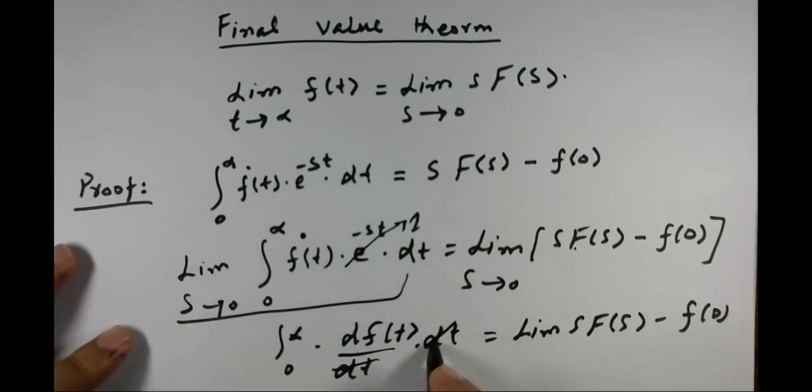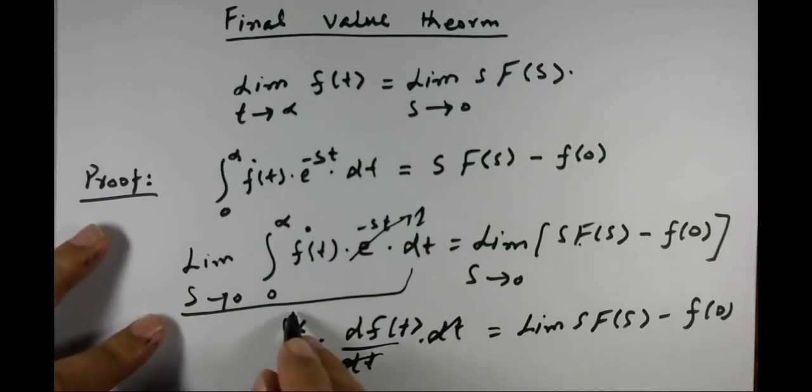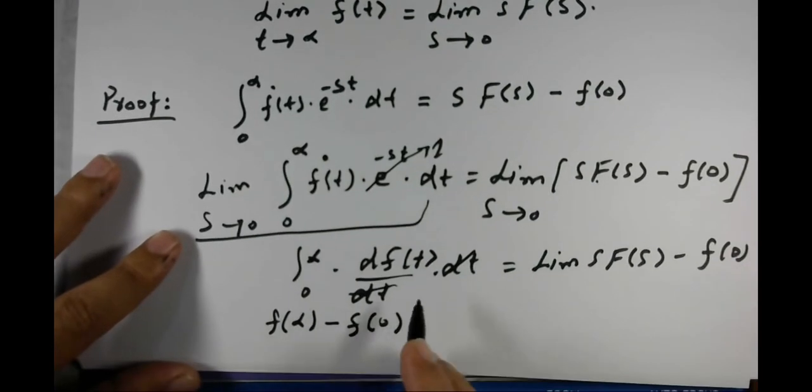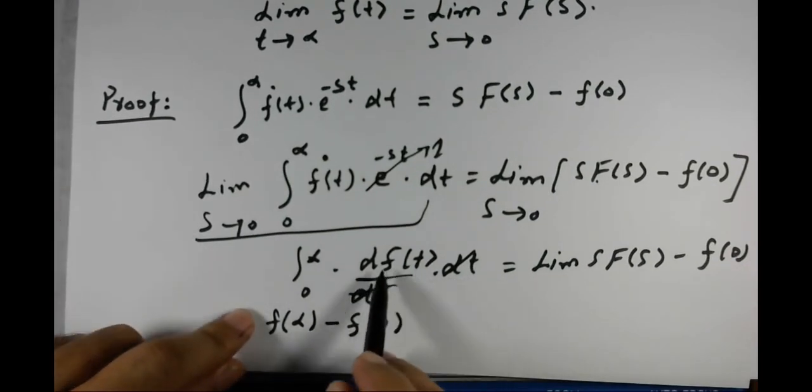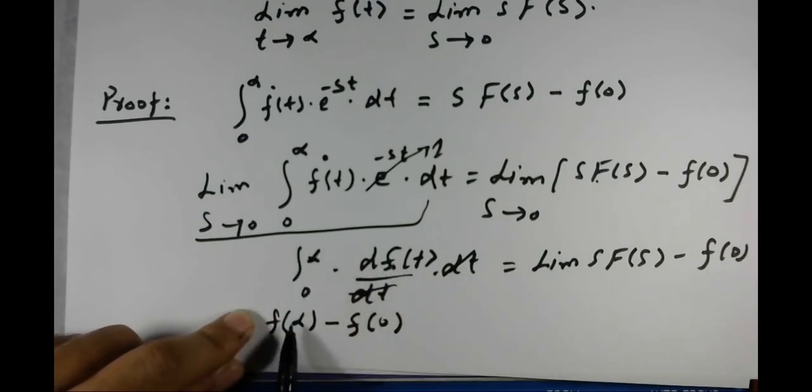So this and this we can cancel out. You will get the integral of df(t), which will give you f(t). When you apply the integral and the limit, you will get f(infinity) minus f(0). The integral of df(t) is f(t), and when you put the upper limit, it is f(infinity) minus f(0).